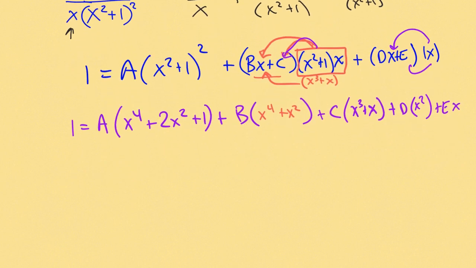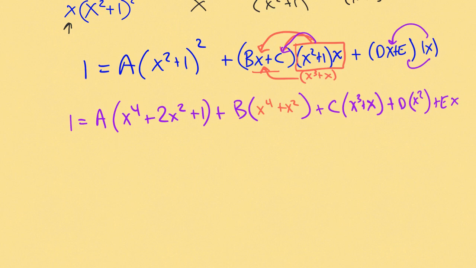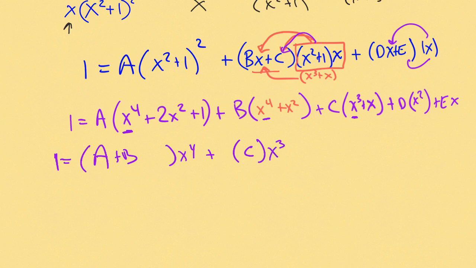Okay, and then let's actually list out our coefficients here. We've got 1 equals, what times x to the 4th? I have A times x to the 4th, plus B, and that's it for x to the 4th. How about x cubed? I do have an x cubed right here, so that's plus C x cubed. What about x squared? I have a lot of x squareds.